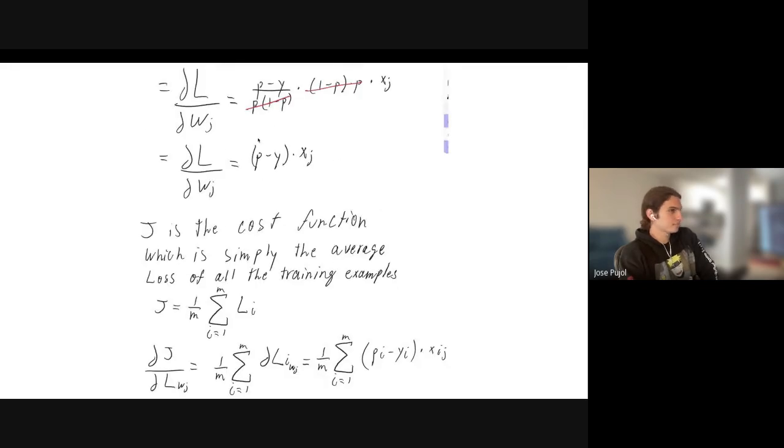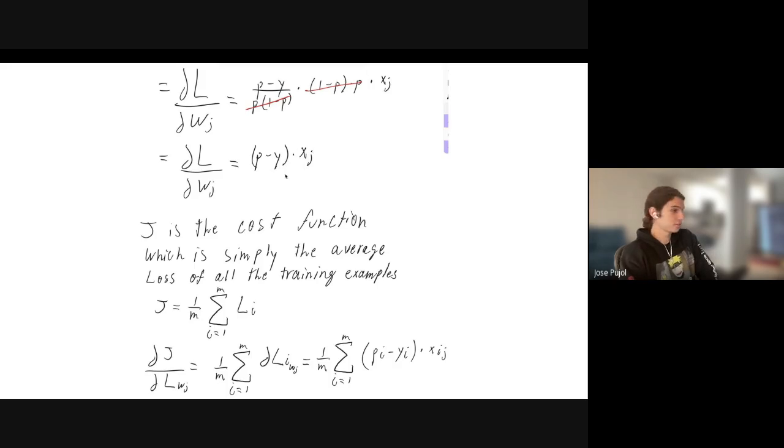And then finally, what you're left with after you simplify is this very neat equation: (p minus y) times xj. p is our prediction, y is our true label, xj is our feature. So the derivative of the loss function with respect to that parameter wj is just our error times the feature.